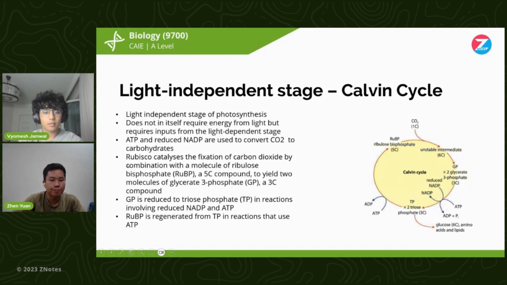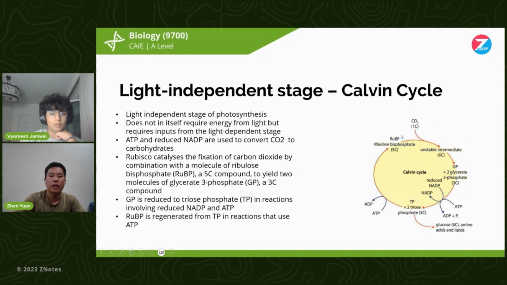So the enzyme Rubisco catalyzes the fixation. The fixation is an important word. Fixation of carbon dioxide by combination with a molecule of ribulose bisphosphate, your 5-carbon compound, RuBP. RuBP is fixed by the carbon dioxide.